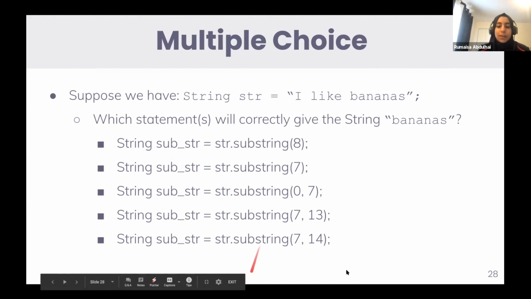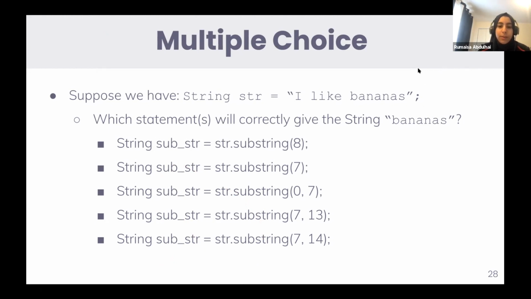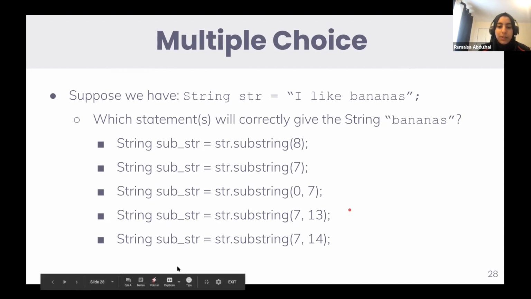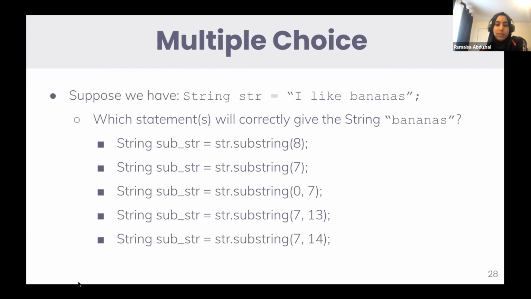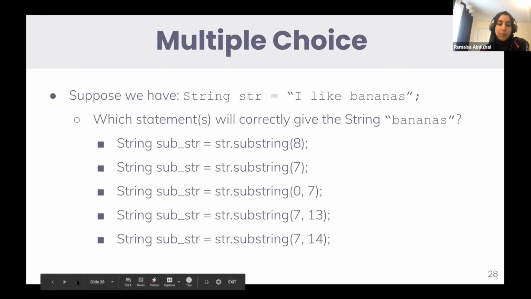Okay, does someone want to tell me if the first one, will the value of substring be bananas or will it be something else? Bashar says it's incorrect. Ross also says it's wrong. Walid says nope. So let's see. Yeah, it's wrong.